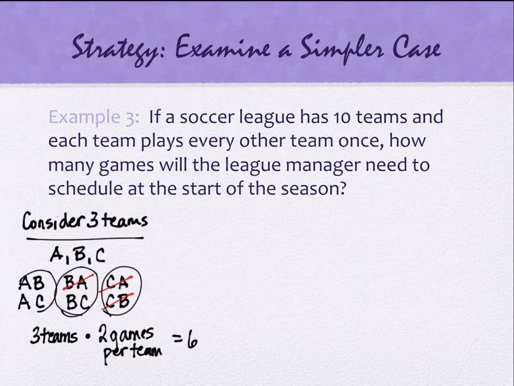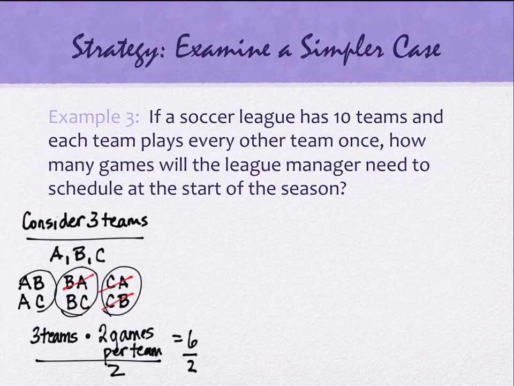But when I did that, I ended up double counting everything, of course. So after I did my 3 teams times my 2 games, in order to remove the double counts, what would I do? I would divide by 2. That should make sense.